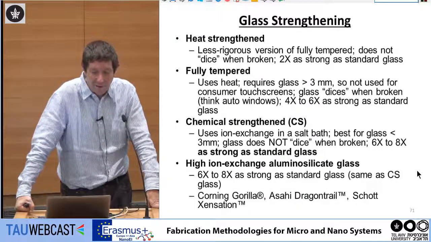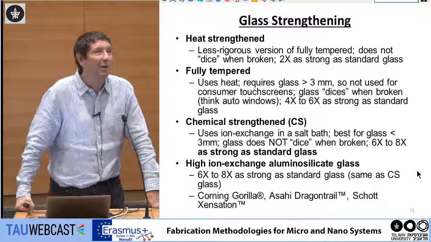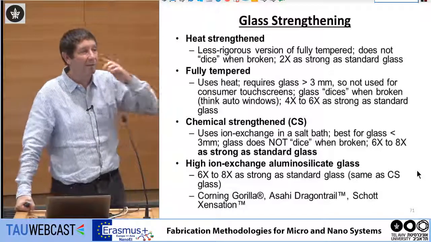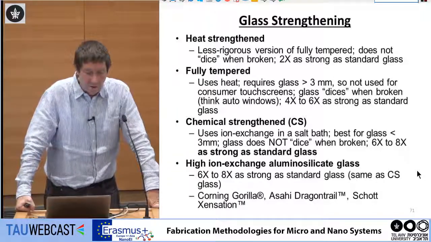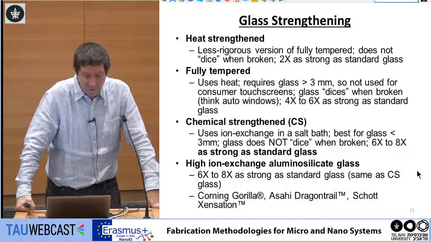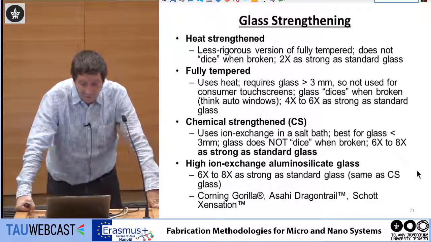It's about twice as strong as standard glass. Fully tempered glass is when you take the glass to high temperature. It has to be relatively thick, more than 3 millimeters, so it's not used for consumer touchscreens. It's pretty strong, 4x to 6x as standard glass.